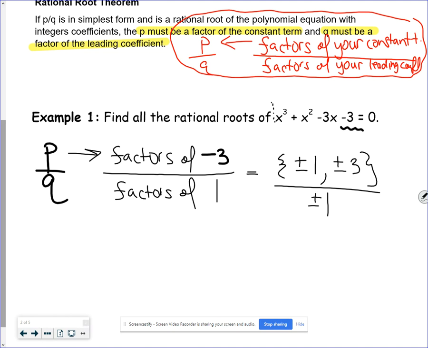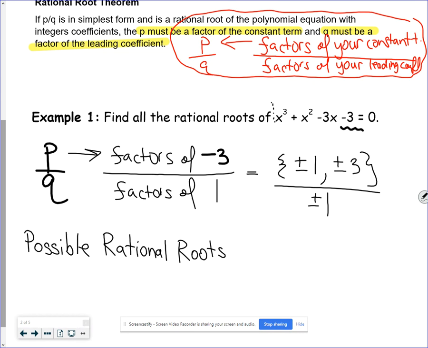So what we can do is generate a list of possible rational roots. We know it has to be in this form here. It's going to be a fraction. The only numbers that can be on top are 1 and 3, either positive or negative. The only numbers that can be on bottom are 1 and negative 1.